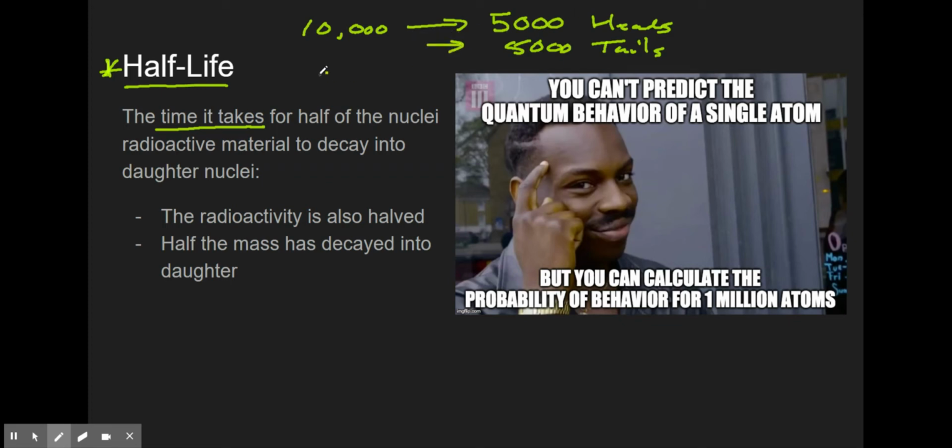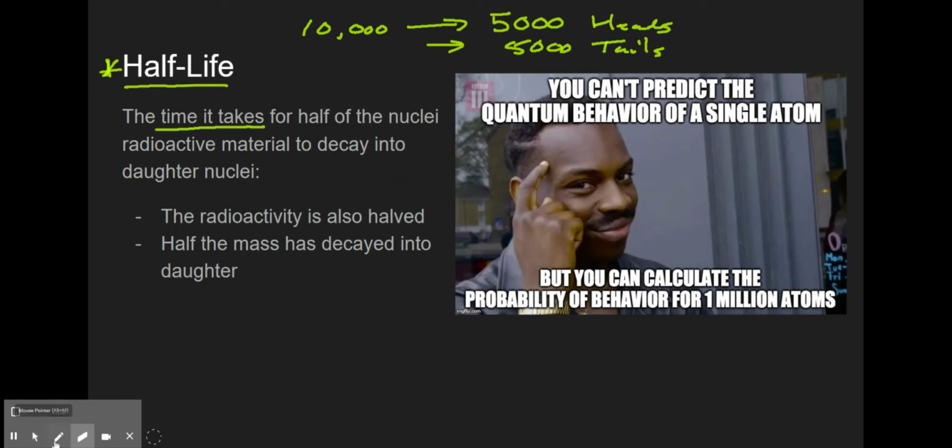On the other hand, if we took 10 people and said, predict how many heads and tails you'll get when you flip the coin, you might say 5 heads, 5 tails, but you would probably find that you do this a series of times. Sometimes you're close, sometimes you're quite a bit off. And so this is the thing with probabilities. The larger the sample, the closer the prediction is to the reality.